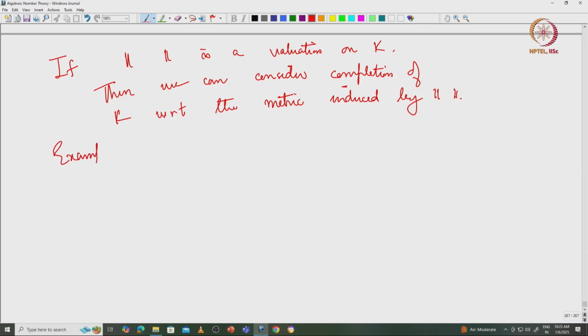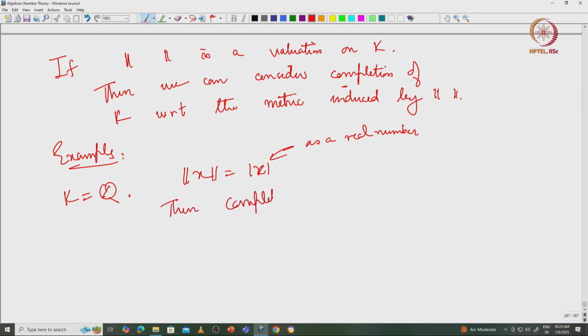So let me do an example. If you take K equal to Q, and this is the usual absolute value, right, as a real number, then the completion of Q with respect to the metric induced by this valuation is R. This is what we learn in analysis course.